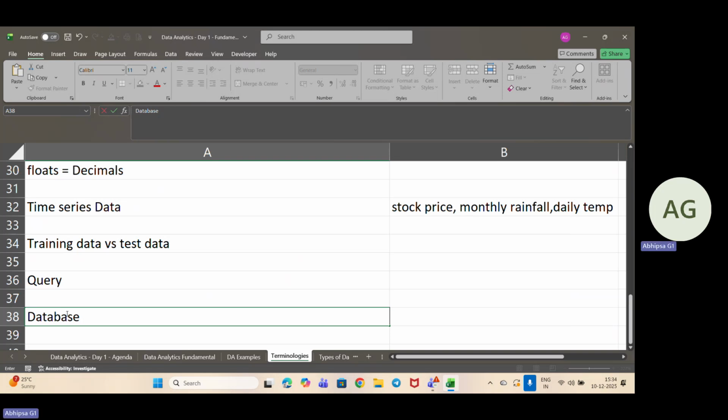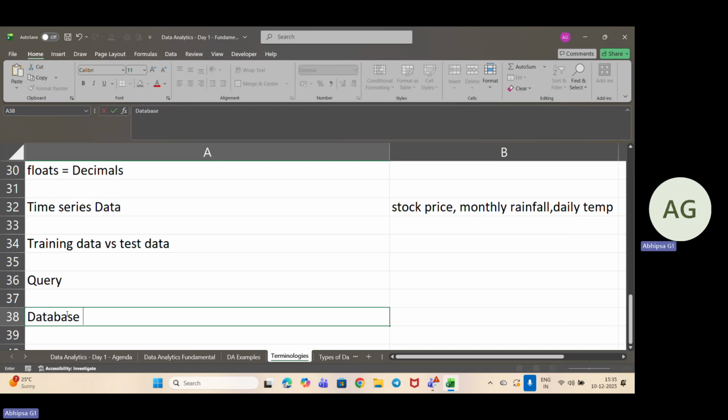In most organizations, we have this database where the details of the employees, the sales data, the purchasing data, the customer data, everything is maintained accordingly. Not only organizations, but schools and colleges also maintain a proper database. Okay, so that is database for you.